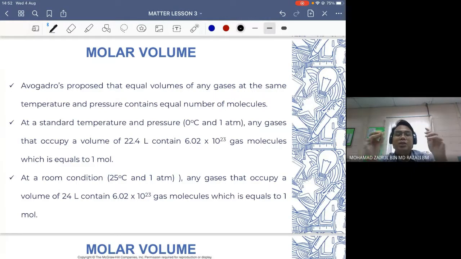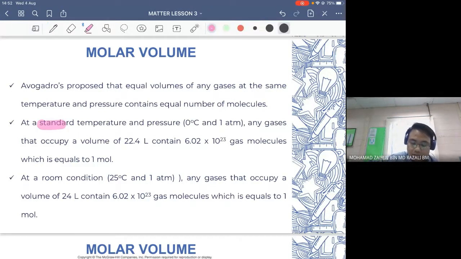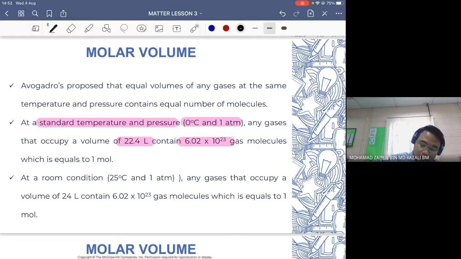So if we measure the gas at standard temperature and pressure, which is 0 degrees Celsius and 1 atm, 1 mole of any gases will occupy a volume of 22.4 liter and it will contain Avogadro's number of gas molecule. Sometimes standard temperature and pressure ni dia short form jadi STP.